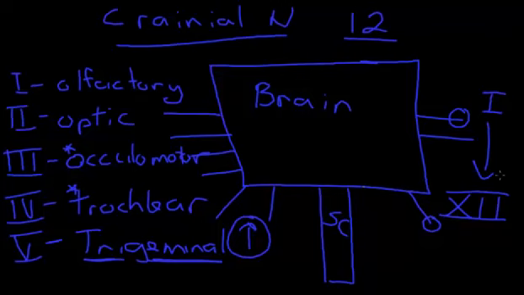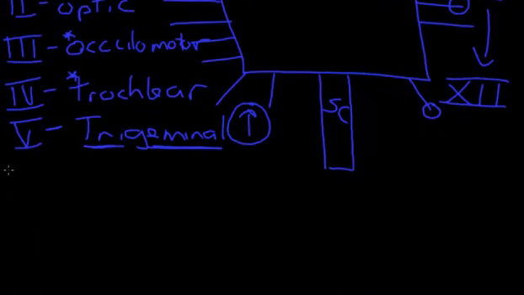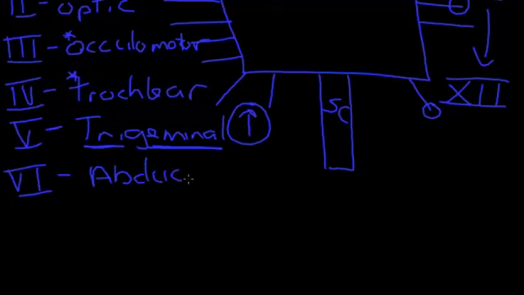And just to continue the story on, the sixth cranial nerve is called the abducent. And it's in fact another partner in those nerves that are going off to supply muscles of the eye.